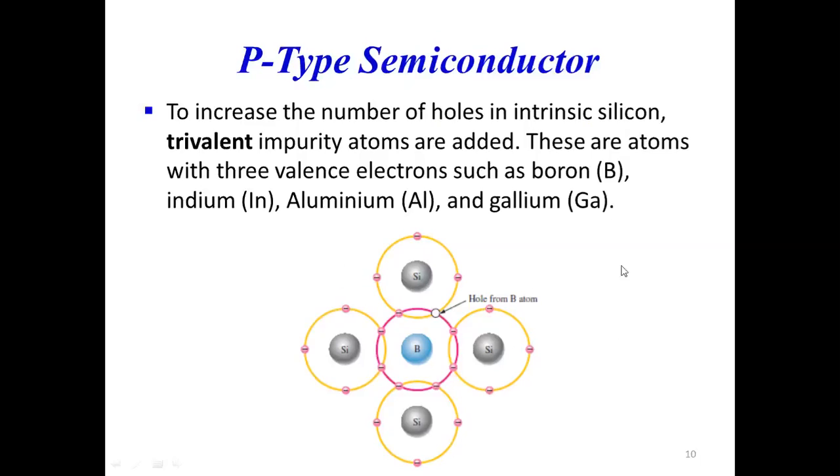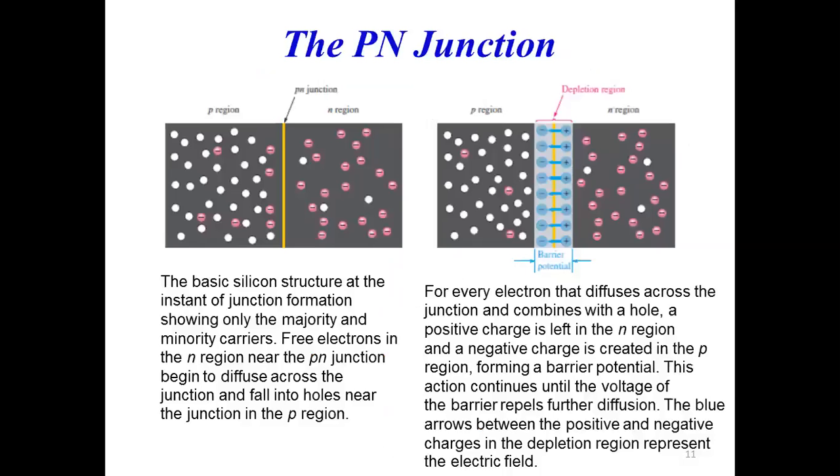So see here the outermost orbit is shown, and there are only 3 valence electrons, and there is one hole. A hole indicates there is a deficiency of electrons. It is waiting for an electron. Such P-type and N-type semiconductors are known as doped semiconductors, or extrinsic semiconductors.